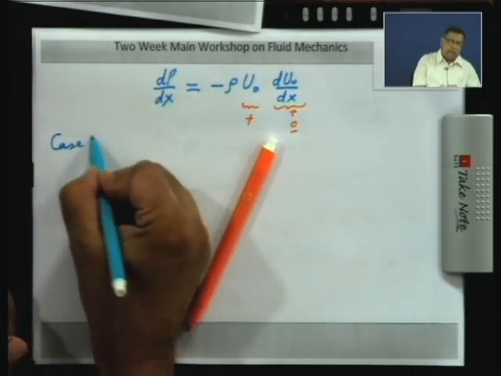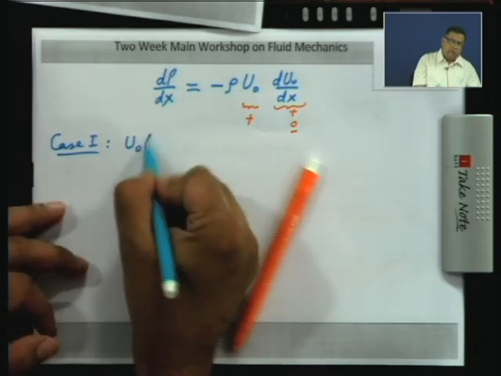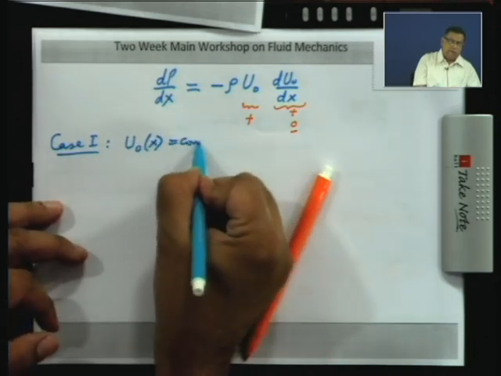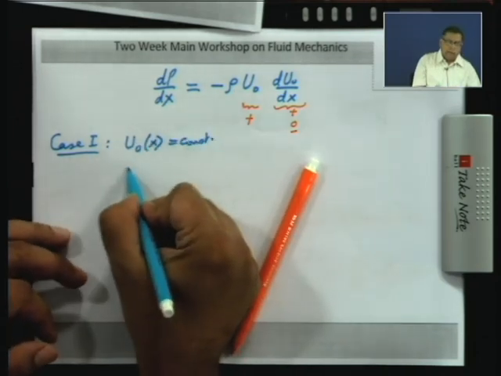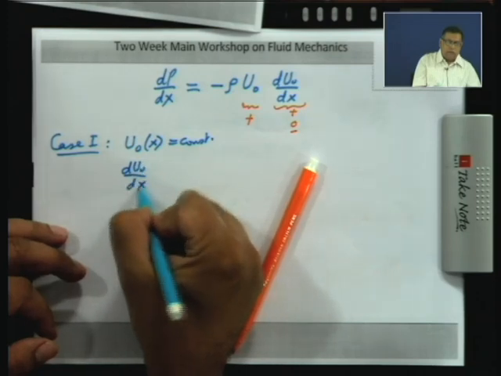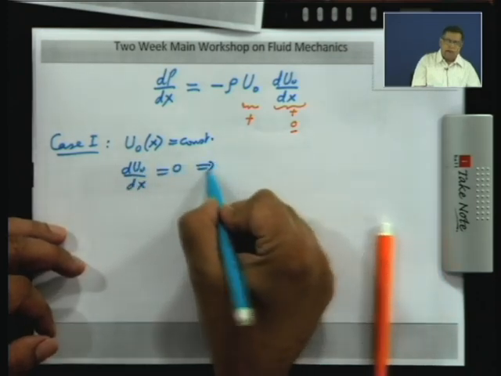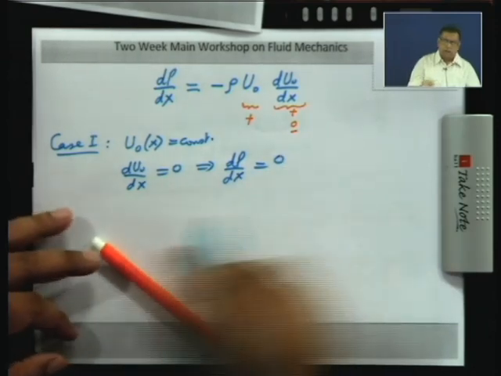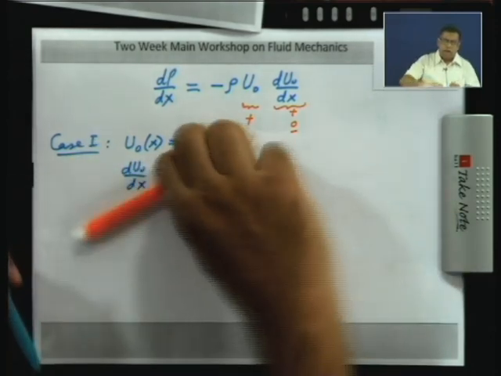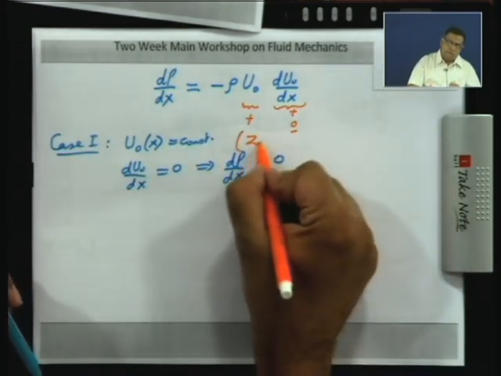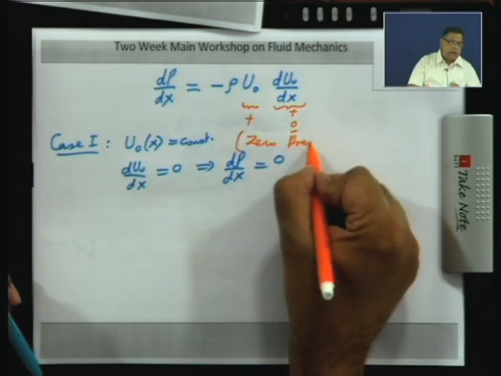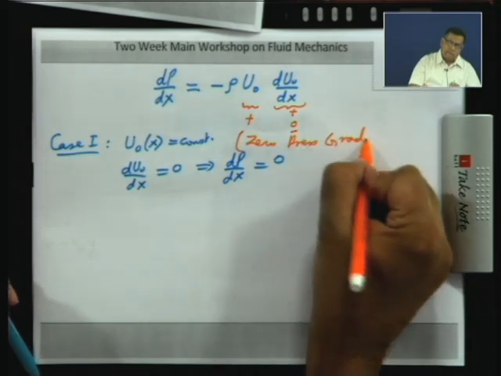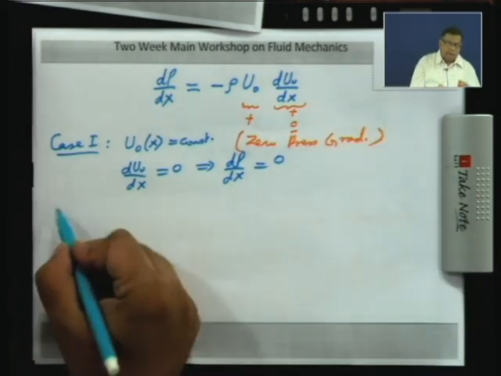Case 1 is u 0 of x equal to constant, that means du 0 dx is 0, which means that dp dx is 0. This is the case we have already seen. So, this is what we are calling zero pressure gradient boundary layer.